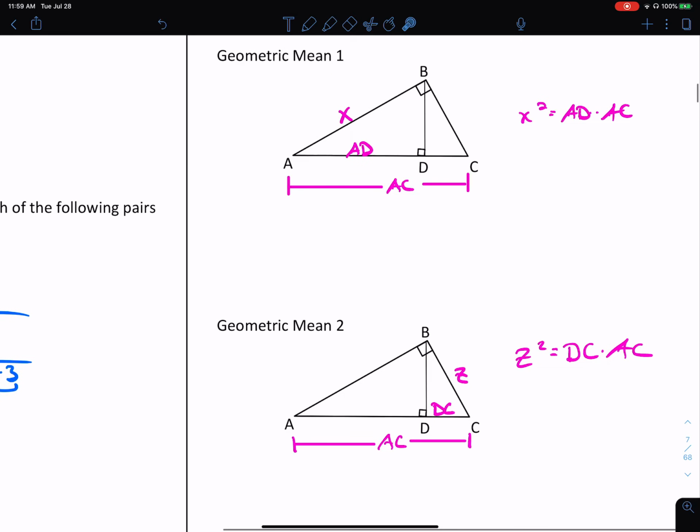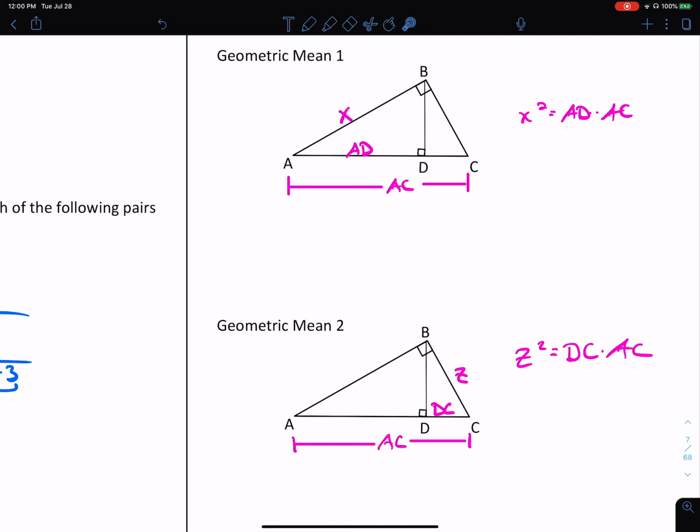So these two geometric means are extremely similar. This leg of the right triangle is equal to the product of the partial hypotenuse times the entire hypotenuse. Notice how the partial connects to the leg in question. Geometric mean 2, this leg, is the geometric mean of the partial hypotenuse times the entire hypotenuse. Which part of the hypotenuse? The part that connects to it.